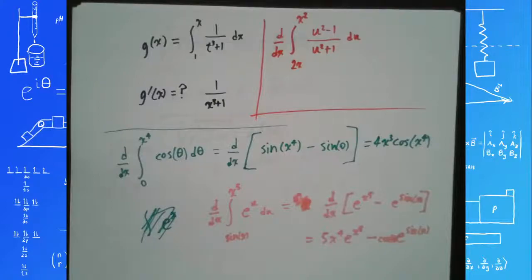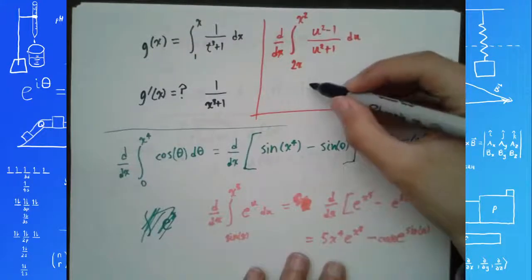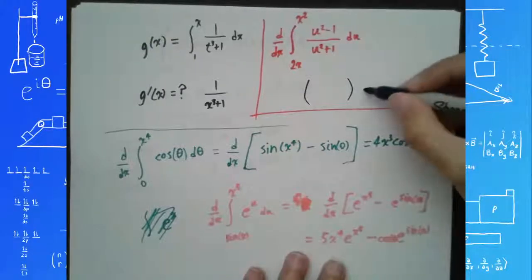Even if you knew that technique, it would still take a while. So that's why I highlighted the pattern earlier for us to take advantage of. So we have potentially two terms here.